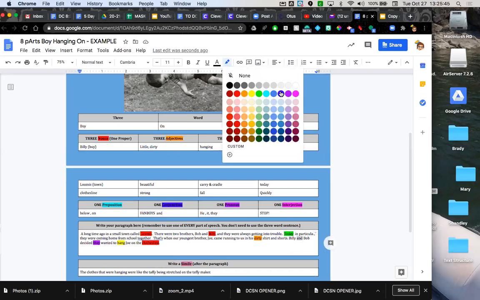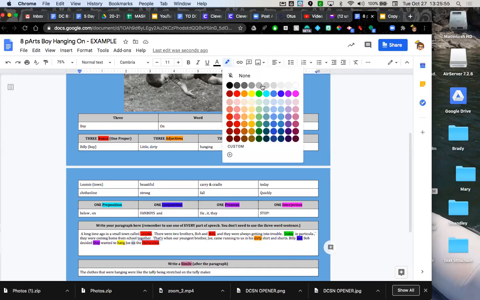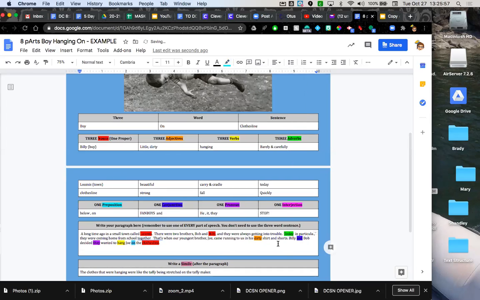So you see how I'm marking the different parts of speech in my paragraph to show that I'm using them. Oh, on, that's a preposition, isn't it? So I can highlight that for my preposition. And you're going to continue this while you write a paragraph, making sure that you're using all 8 parts of speech in your paragraph. Okay?